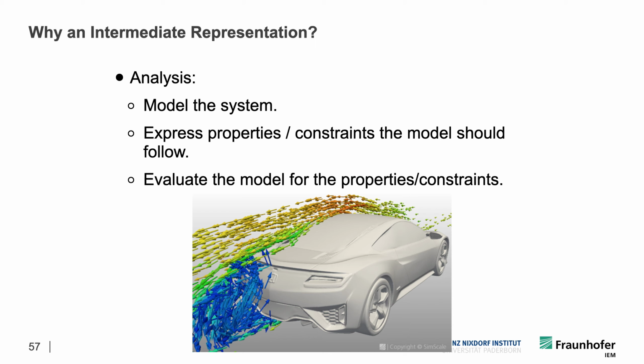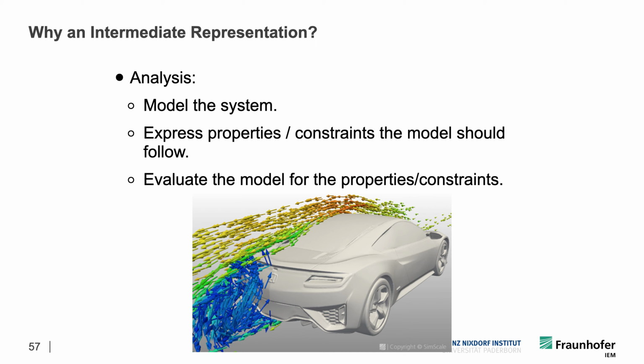Whenever you want to do any kind of analysis of any system that interests you, so for instance, let's say you want to do a stream analysis of a car, to see how air actually flows across the chassis, then you also would model it.